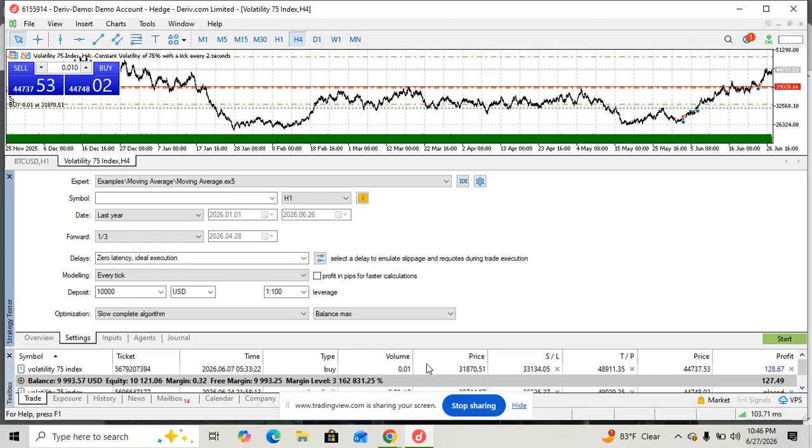If it goes up to $10, you made $5 profit. And with that being said, I applied that same kind of perspective to the Volatility 75 since it was an index, but it moves a little bit different.